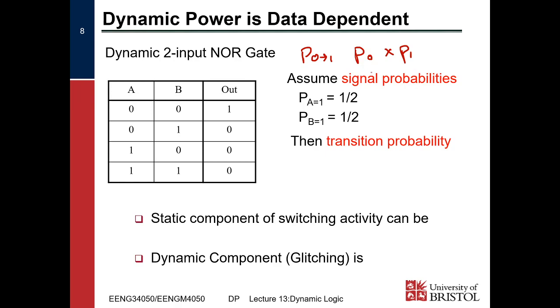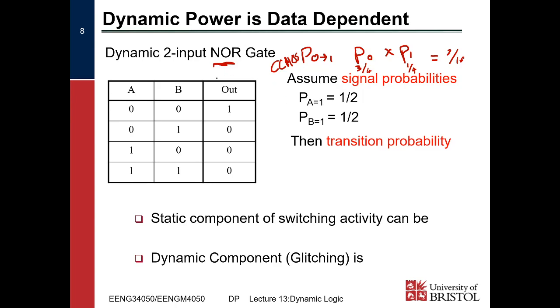And so for a NOR gate like this one, the probability of 0 is 3/4. The probability of a 1 afterwards is 1/4. Multiply those together, you get 3/16. So that's the probability of consuming power in a particular transition cycle for complementary CMOS.